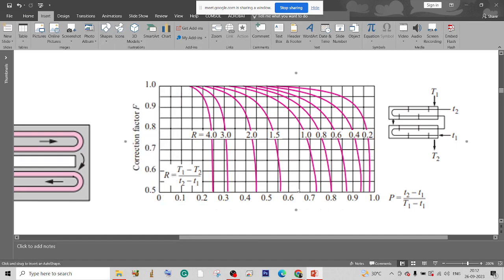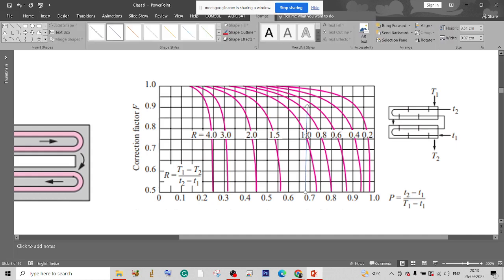So P is 0.67, and this will go up to R equal to 0.75. That means here approximately. So this will come close to 0.91. So the correction factor will come about 0.91.